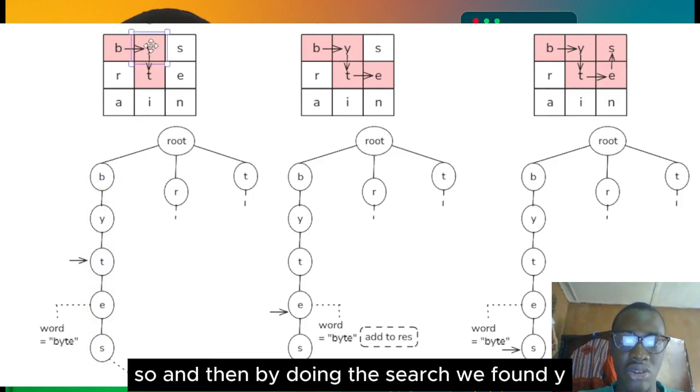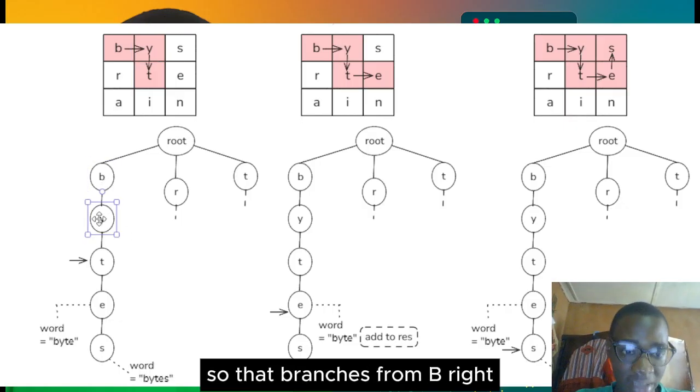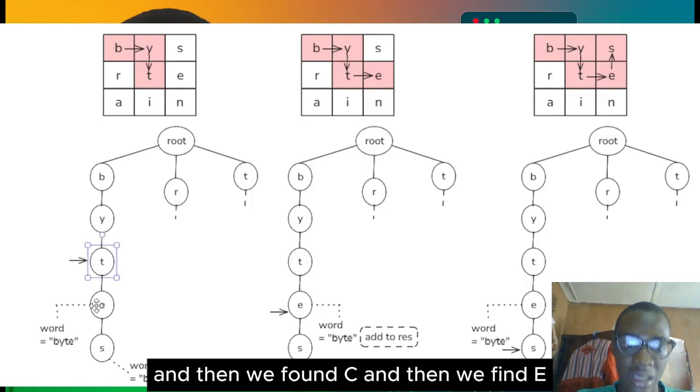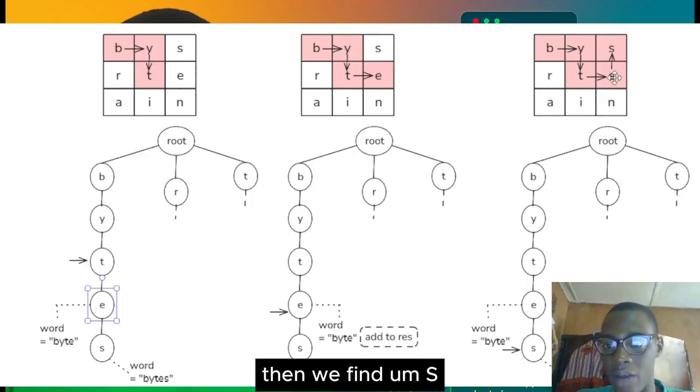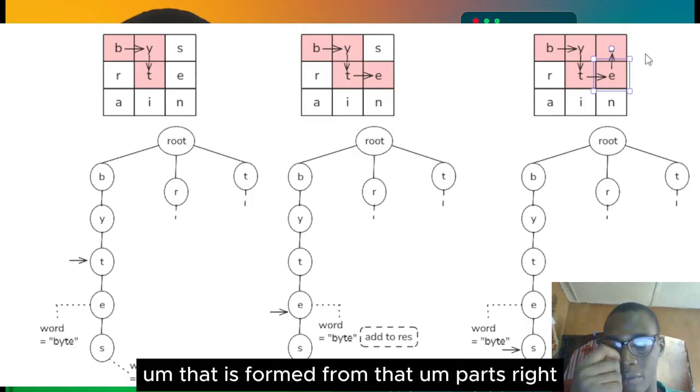By doing the search, we found Y, which is an immediate child of B, so we tap into Y also and perform a DFS, and then we found T, then E, then S, and that way we found two words formed from that part.